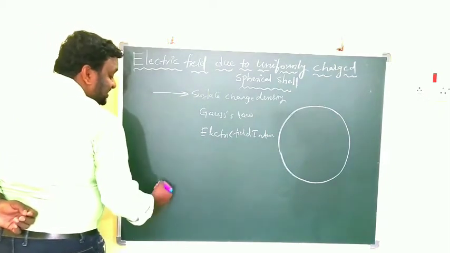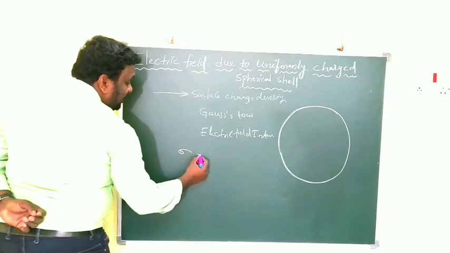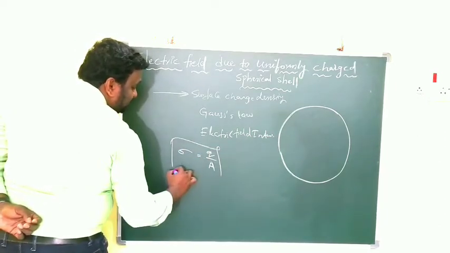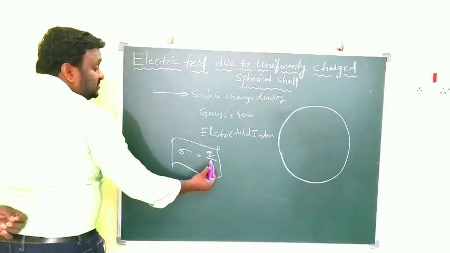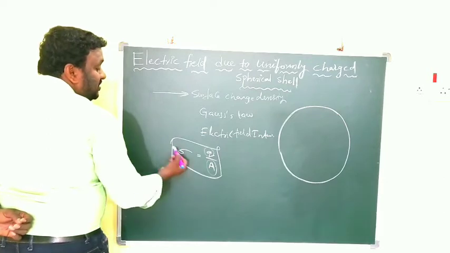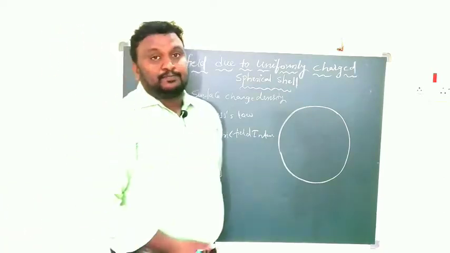Surface charge density should be written as sigma is equal to Q by A. The charge distributed over a particular surface area is called surface charge density.